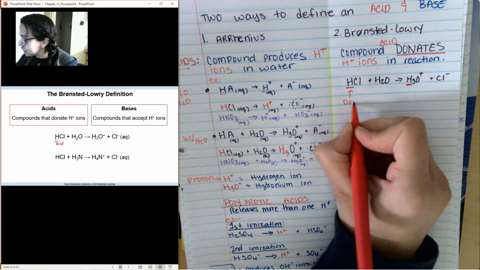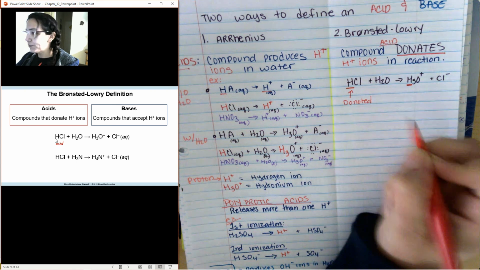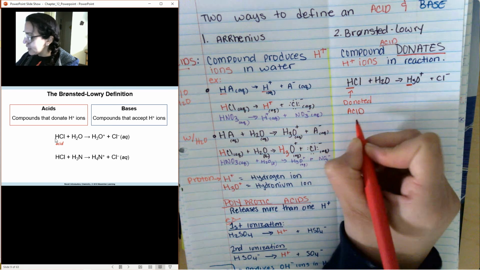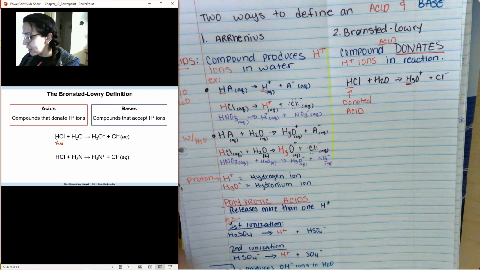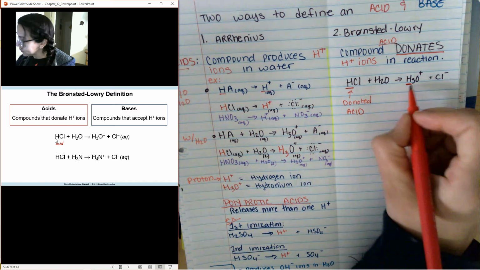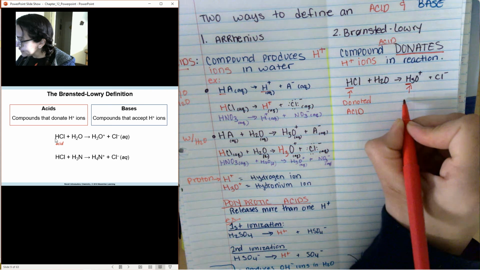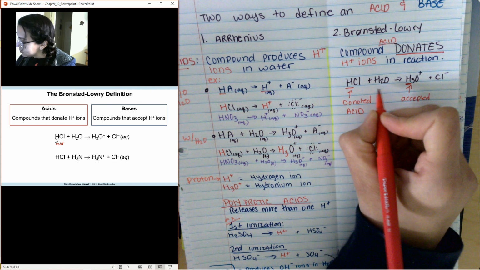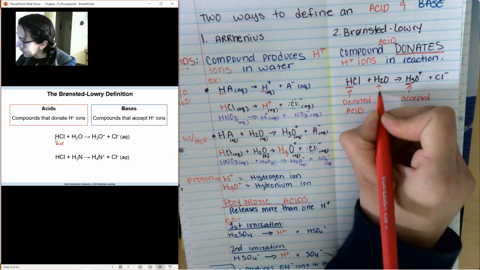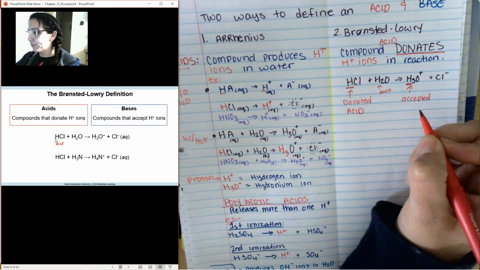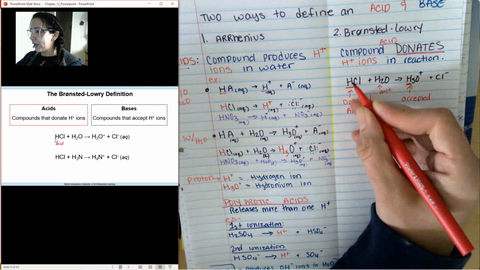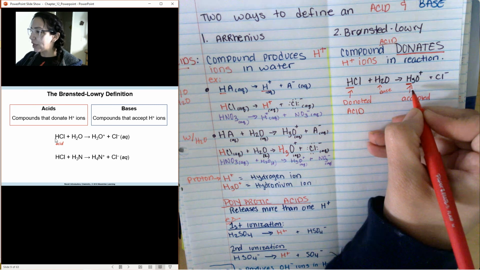So that hydrogen got donated, right? So therefore, this is my acid. And I know this because chlorine is all by itself. This one accepted, right? So this one, therefore, must be my base. Okay. So we donated a hydrogen ion, and this one accepted the hydrogen ion.